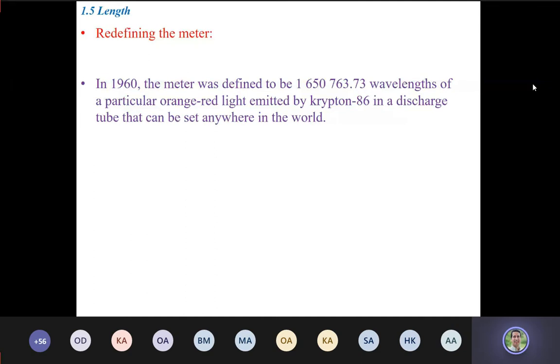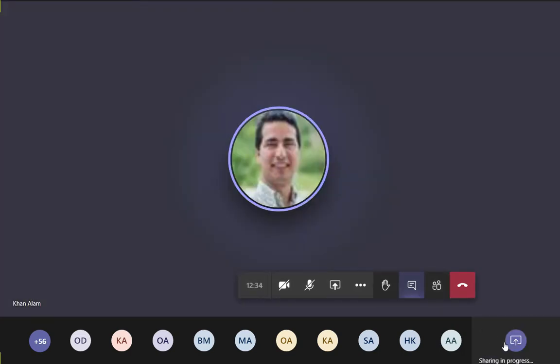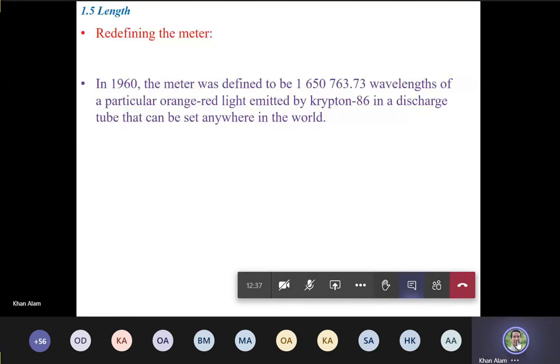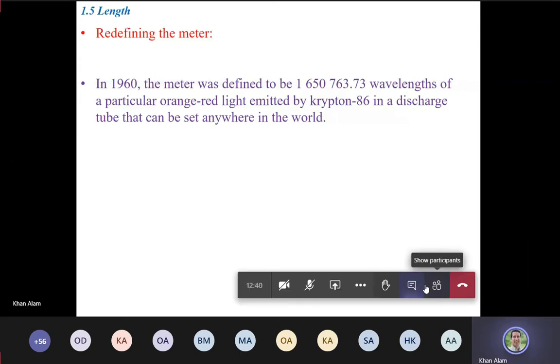So in 1960, the meter was defined as 1,650,763.73 wavelengths of a particular orange-red line emitted by krypton 86 when discharged. Okay, since we know that a wavelength is graphically represented as moving up and down with troughs and valleys.